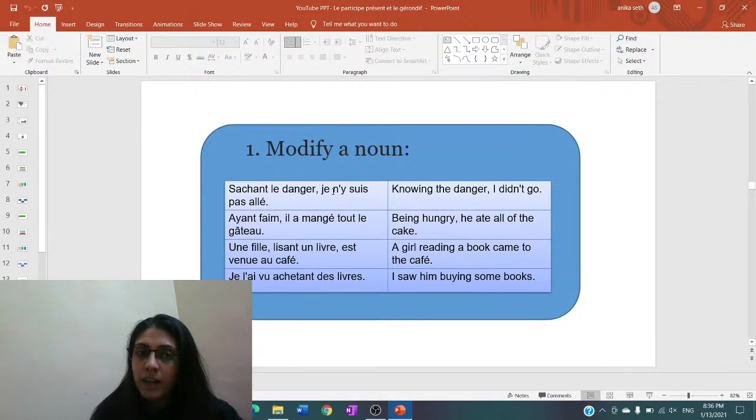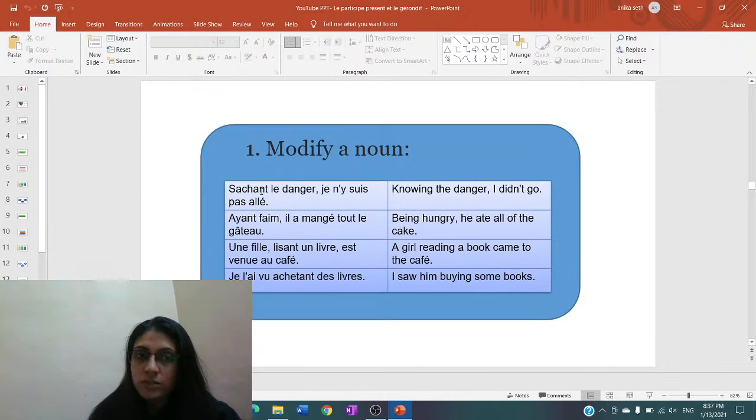Sachant le danger, parce que je savais le danger. So pourquoi is giving the answer. The question pourquoi is asked and the answer we get is the reason, which will be placed in the present participle. Pourquoi n'es-tu pas allé? Parce que je sais ou je savais le danger.